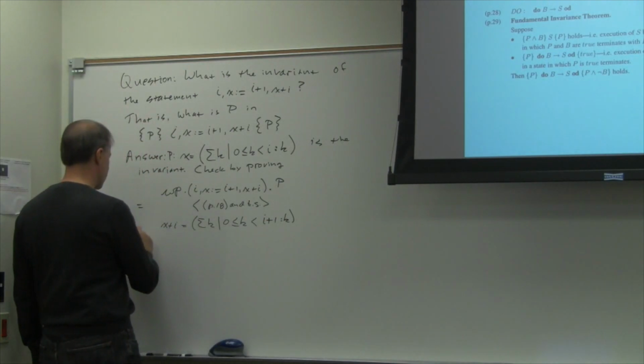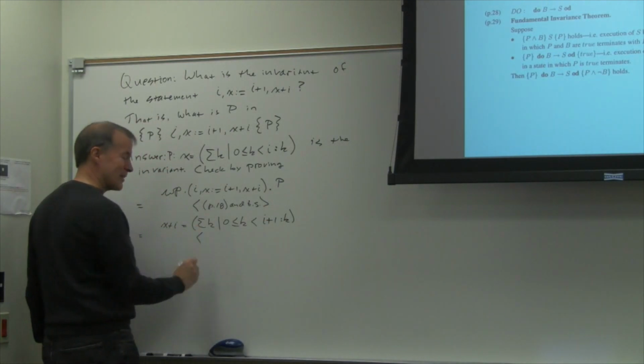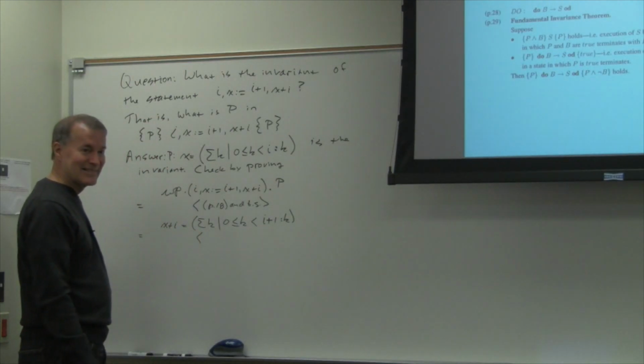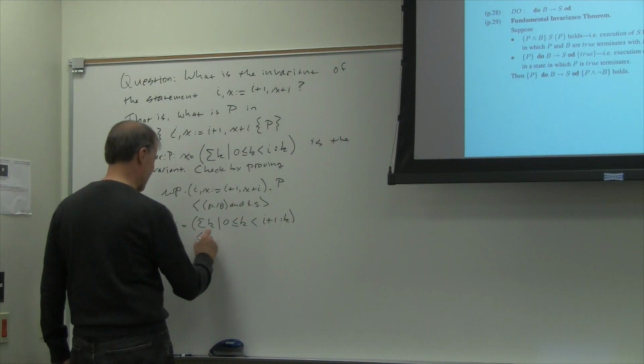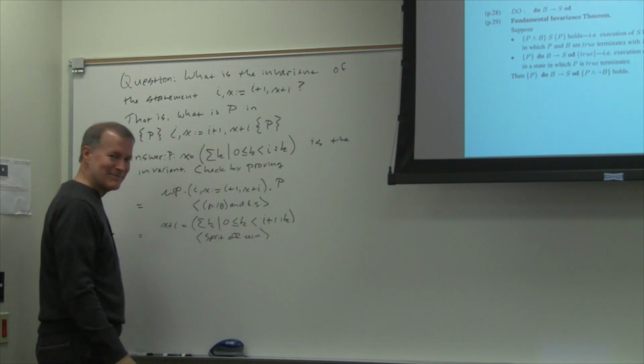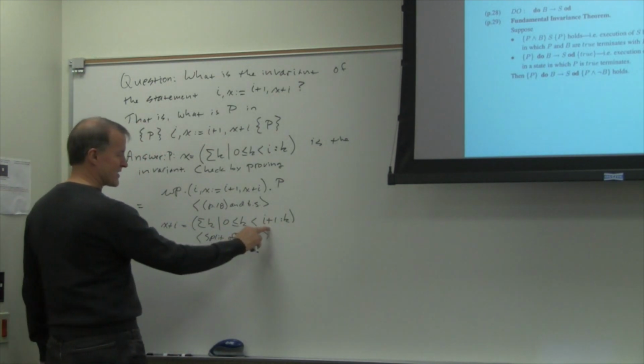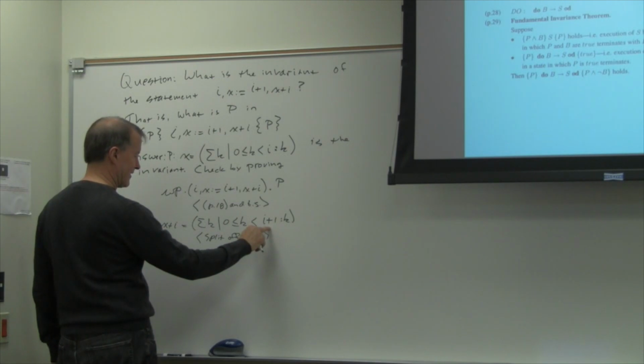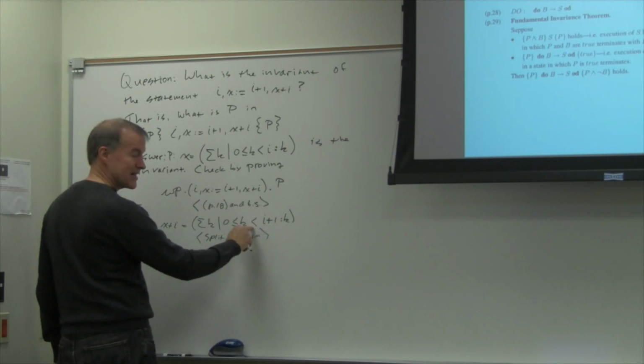All right? But this equals, by split off term. See how split off term comes up all the time? And now what's the last term here? It's I, right? Because this is less than I plus 1.